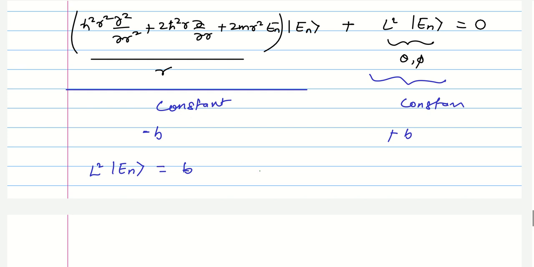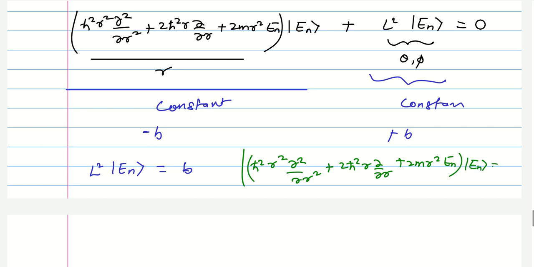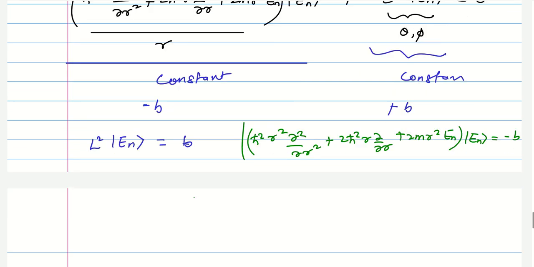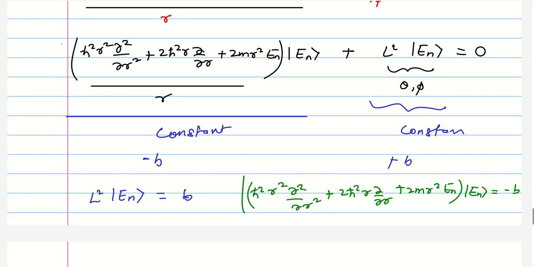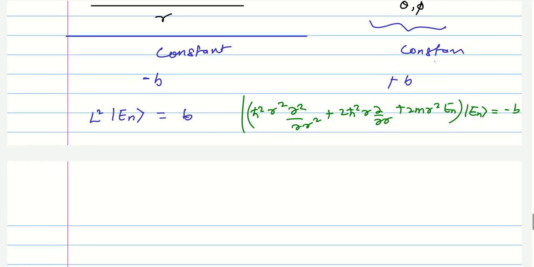Okay, and similarly this thing inside bracket, this will be a minus b. So doing so, since this whole thing is giving you minus b, and this whole thing is giving you b, so minus b and plus b becomes 0. So this is what we get mathematically.